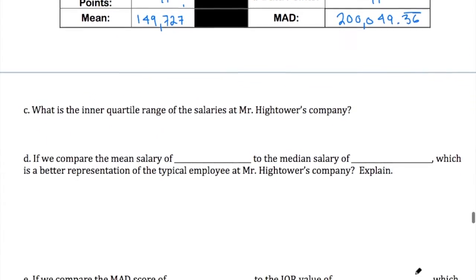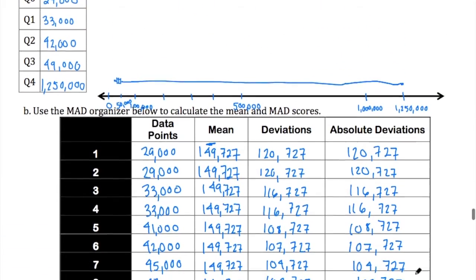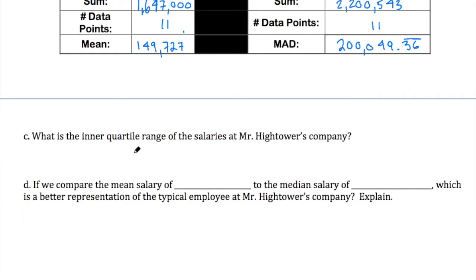Okay, in part C, let's go ahead and look at the interquartile range. So our Q3 was 49,000 and our Q1 was 33,000. So the difference between them is 16,000. Okay, so if we're going to compare the mean salary of 149,727 to the median salary of 42,000, which is a better representation of the typical employee at Mr. Hightower's company?